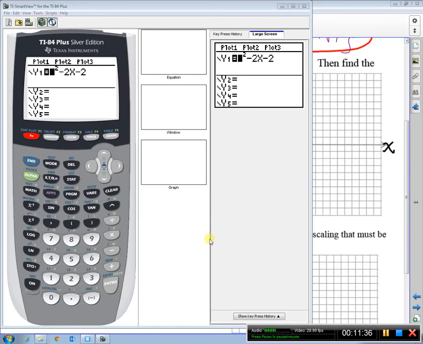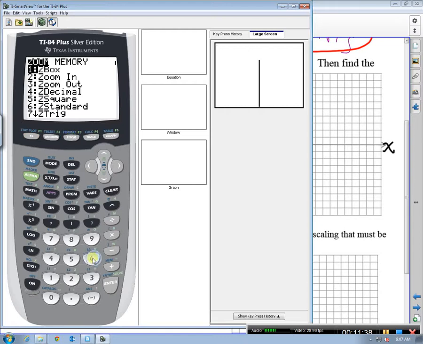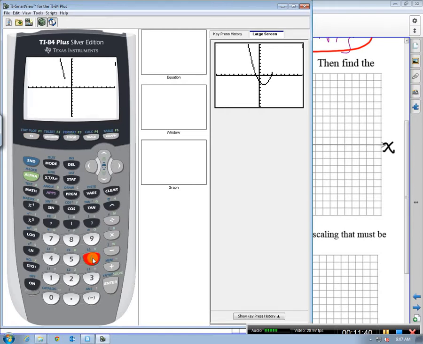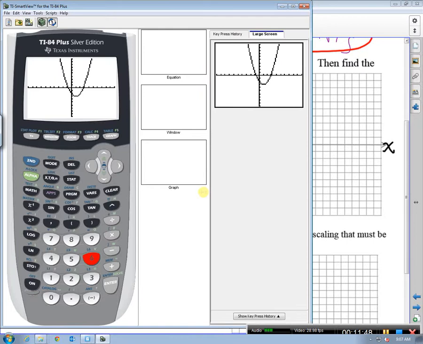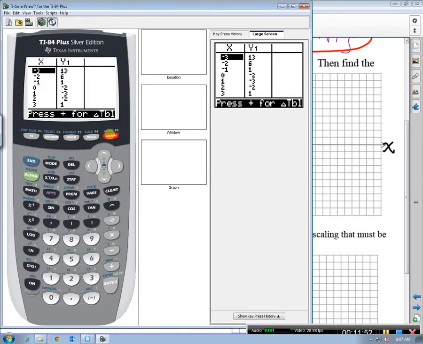I'm going to hit zoom 6, so I think my window will be pretty decent. And there's my parabola, looking good. And I'm going to actually look at the table and get some points to plot on my notes.